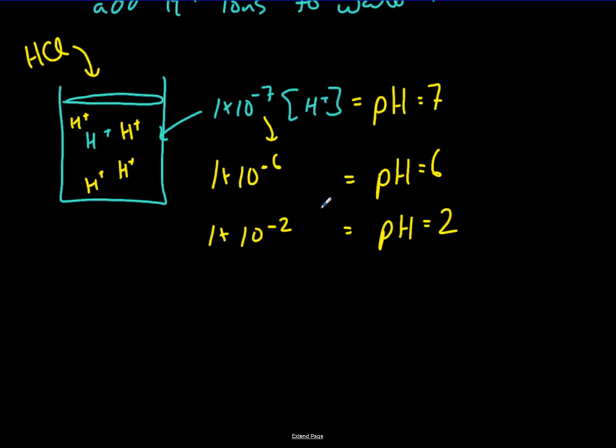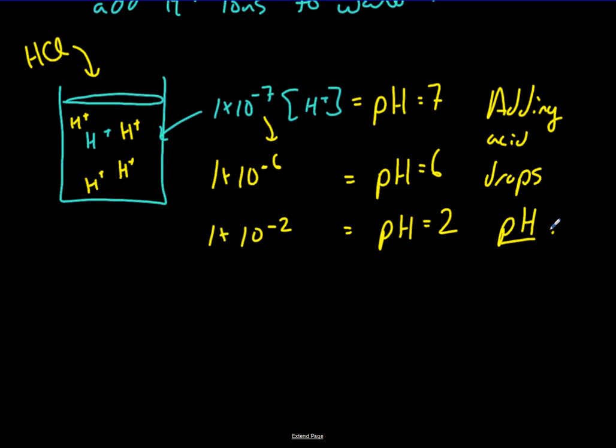Remember, being less negative is the same as getting larger, right? -7 is a smaller number than -2, and 0 is a larger number than -1, right? Does that make sense? So as we're adding H plus, look at our pH. It's dropping, okay? So adding acid drops pH.